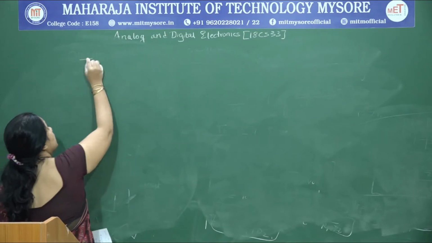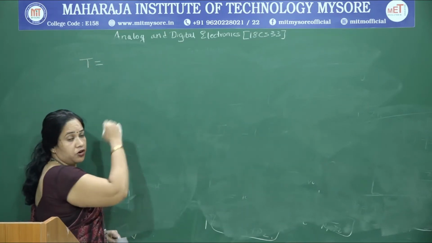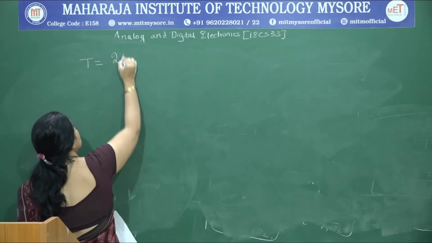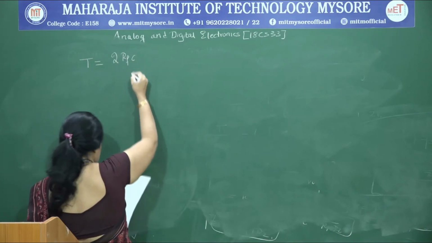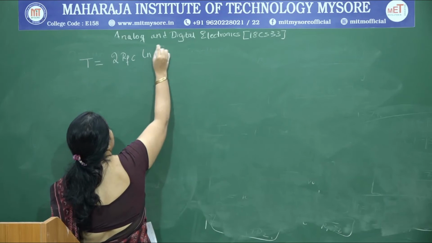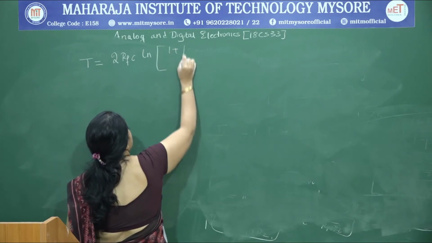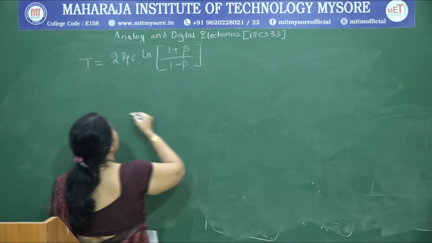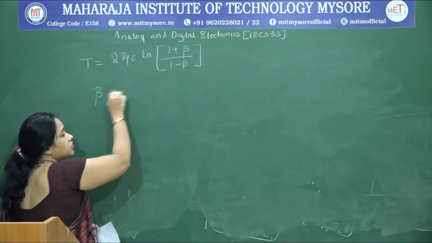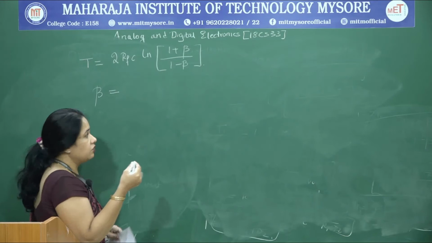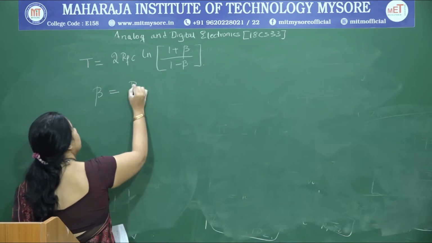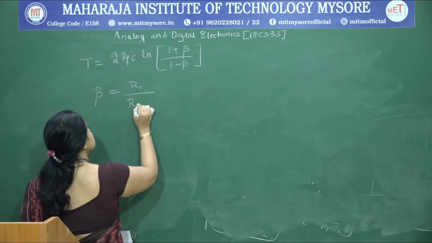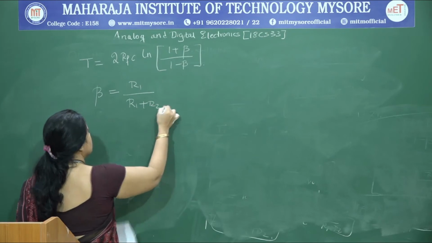We have just arrived at an expression for the time period, which is 2RfC logarithm of 1 plus beta by 1 minus beta, where beta is the feedback factor which depends on the resistances used in the feedback network. So, it is R1 by R1 plus R2.